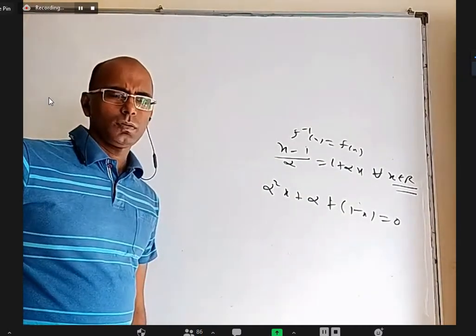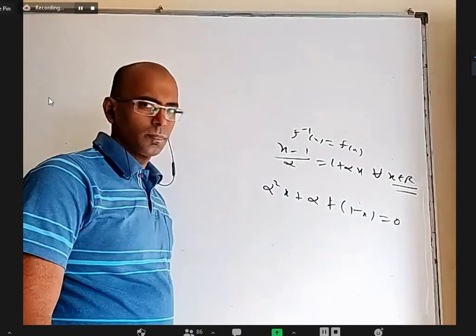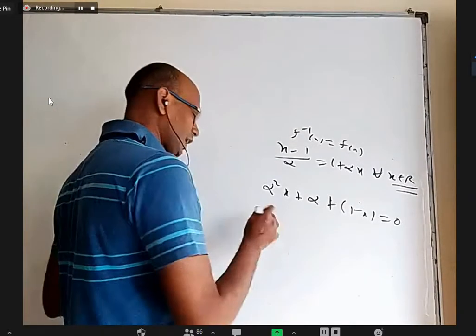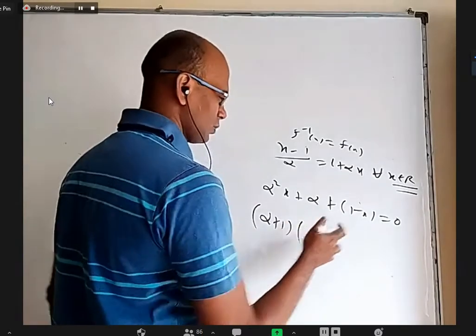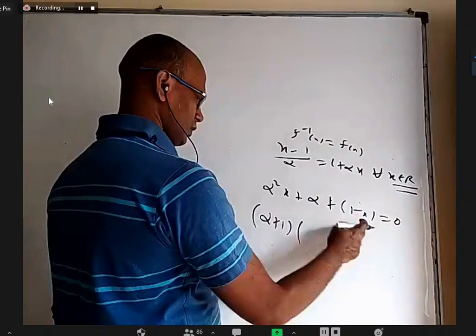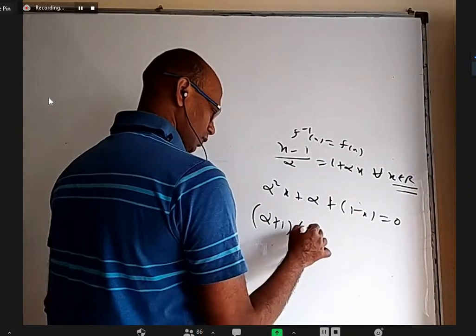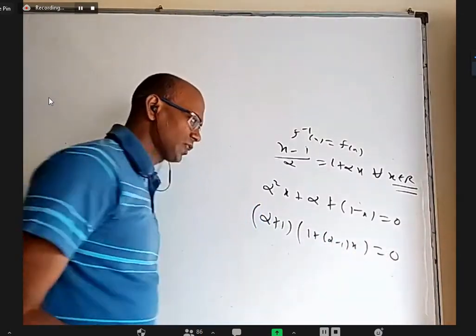I got -1 as the answer. Alpha equal to -1. Yes, sir. Where from will we get alpha equal to -1? Okay, you'll get alpha plus 1 common, and into what will come? Alpha square x minus x. So we'll get 1 plus alpha minus 1 into x equal to 0. Something like this will come, right?